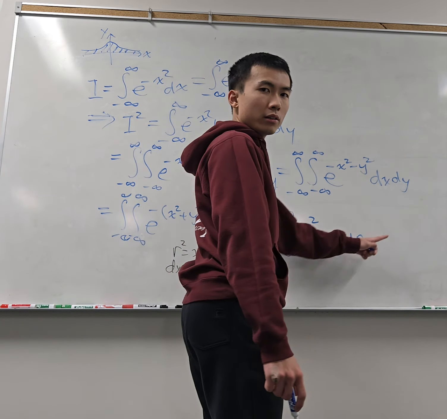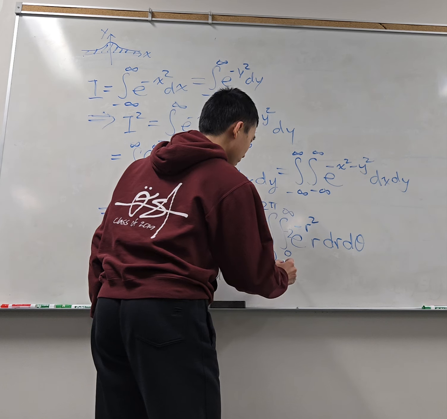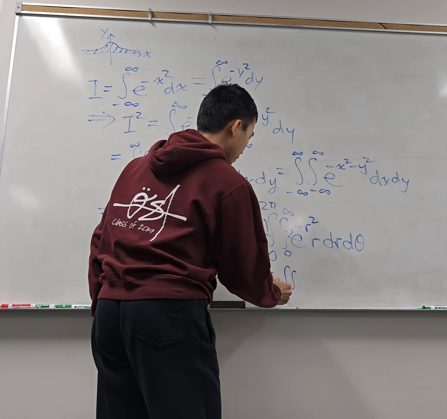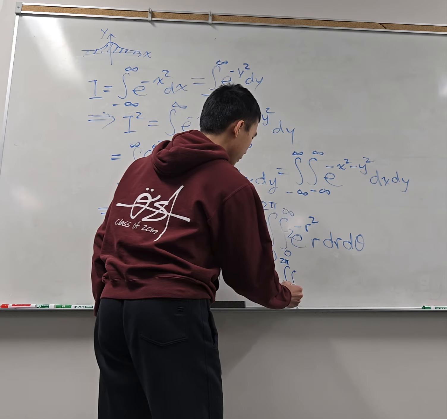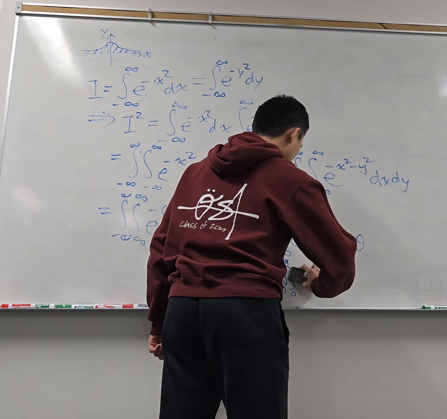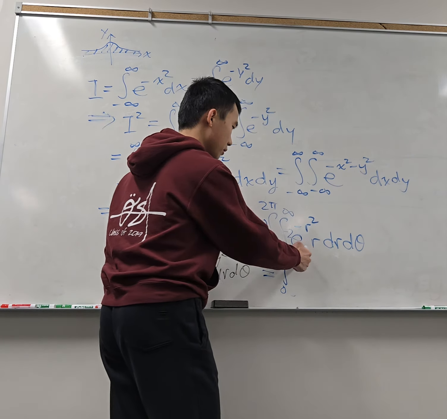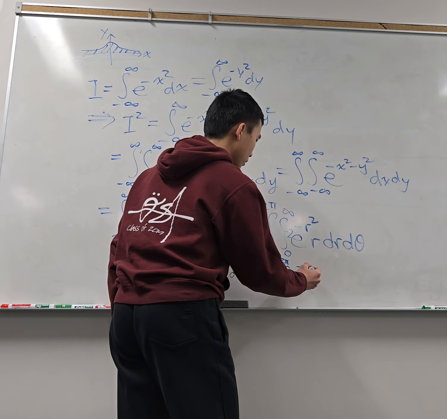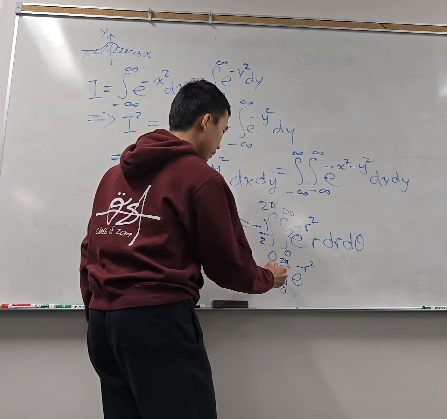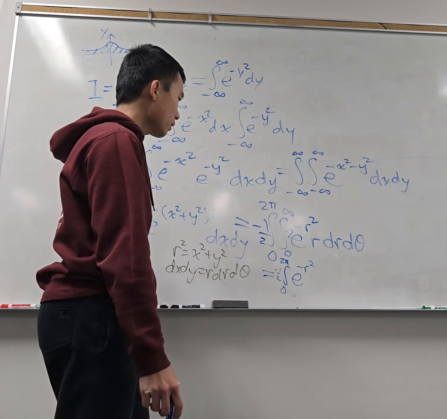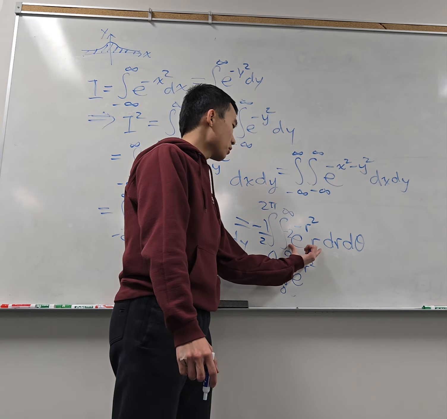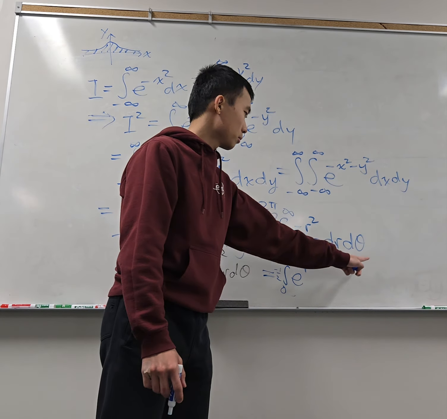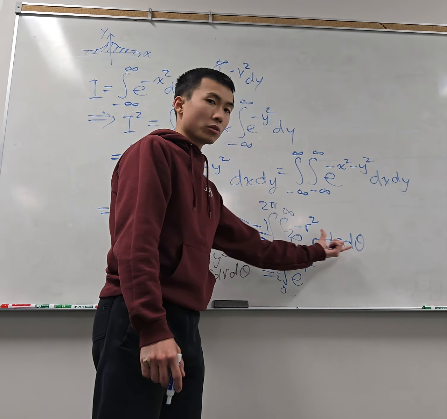Okay, and this is going to equal the double integral from 0 to 2 pi, 0, actually this is already integrated, so we can say this is equal to e to the negative r squared, but with that negative 1/2. Because in this integrand we don't have any thetas, we can break this double integral up.